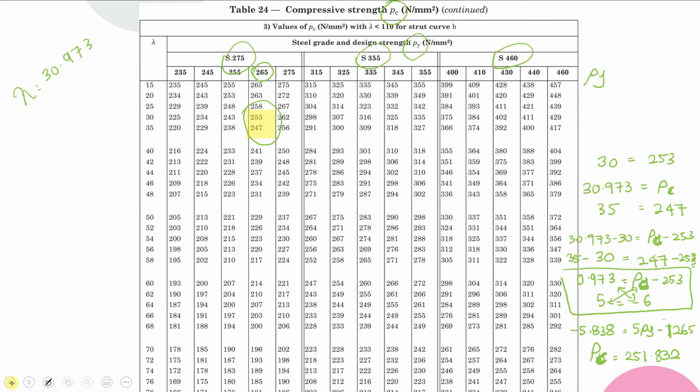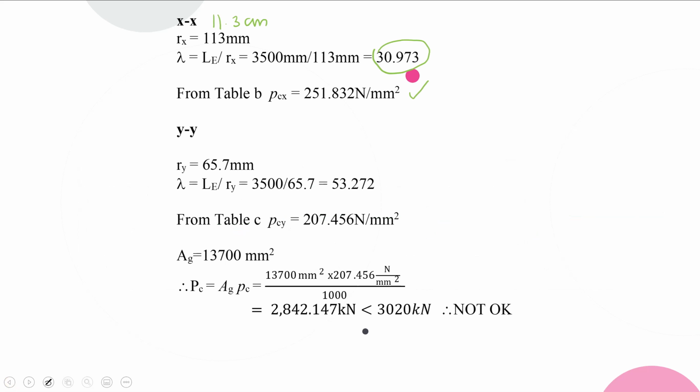Alright, so here sama I dapat 207.456. Okay, so when you get these two value you akan ambil value yang paling rendah to calculate the PC here. So PC kat sini is compressive resistance. So kalau you nampak ini, there is like small pc like this.